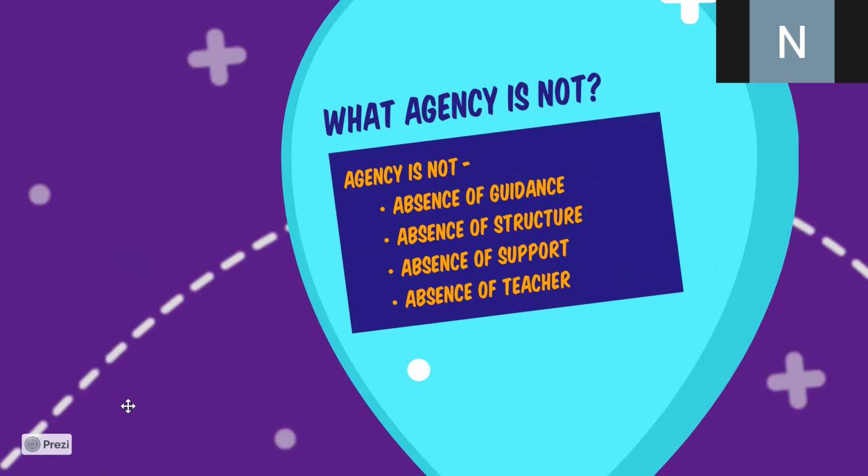Agency is not something that you can replace a teacher with. You need to respect the voice, choice, and ownership of the children who are in your classroom, but at the same time, you need to enable them to make the right choices.